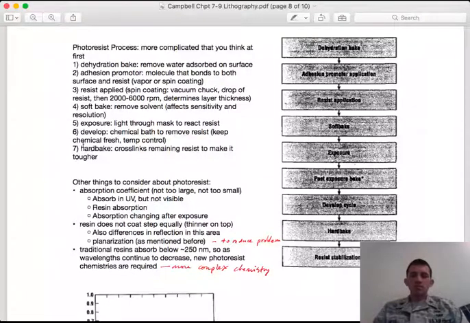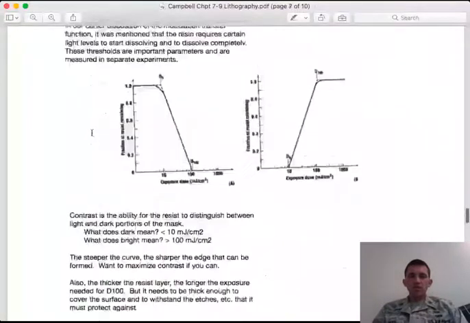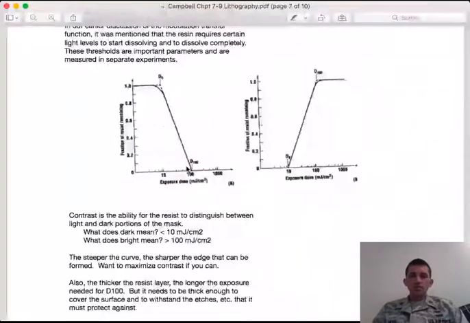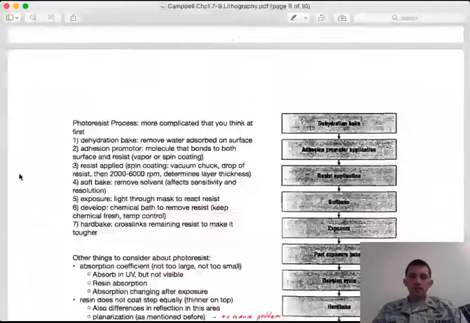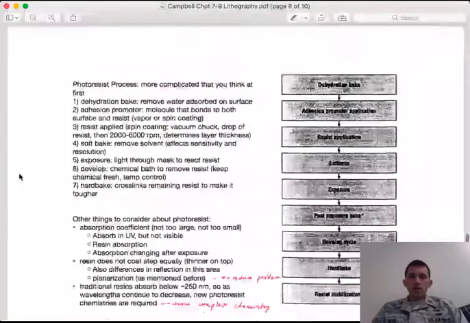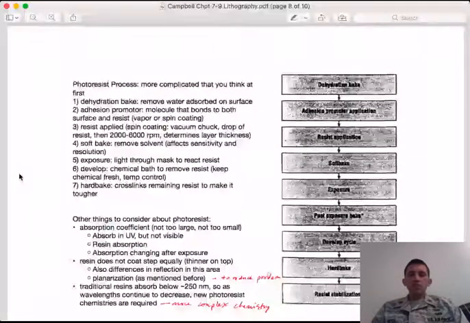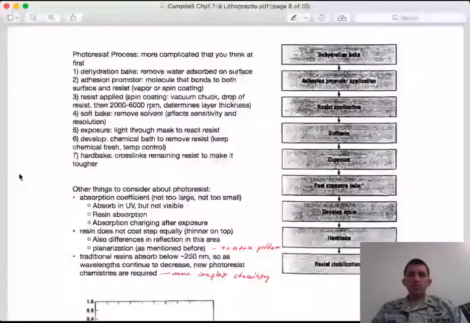We want to fully remove the areas that have been exposed above D100, in the case of a positive photoresist, but not further than that. So you want to have the chemical strength at a predictable level so that your process time is correct.